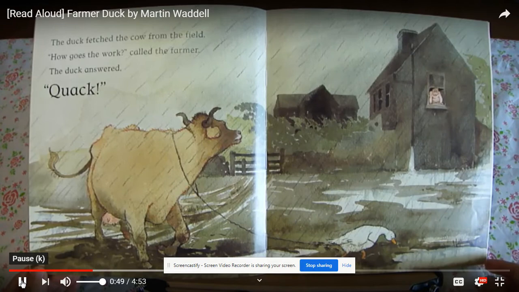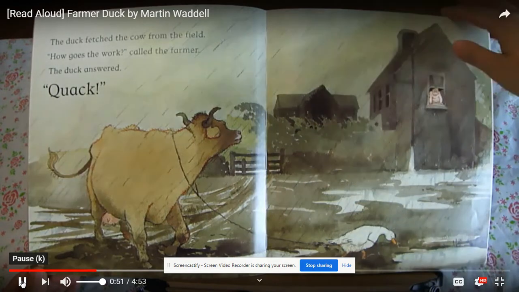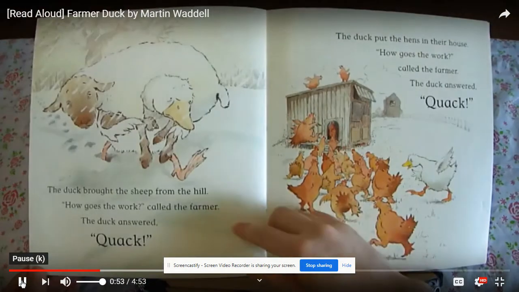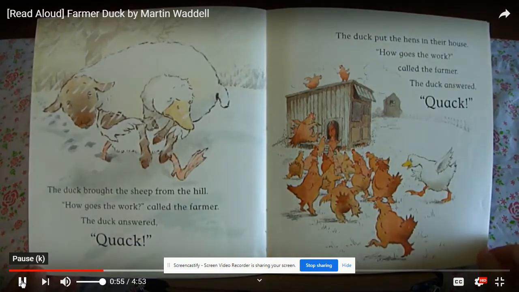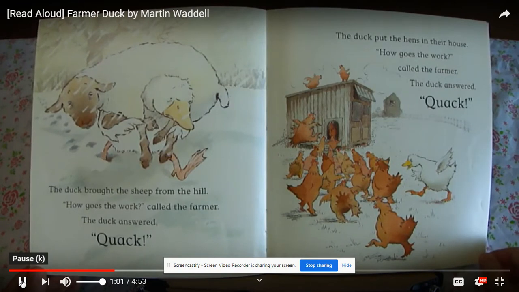The duck answered, "Quack." The duck brought the sheep from the hill. "How goes the work?" called the farmer. The duck answered, "Quack." The duck put the hens in their house. "How goes the work?" called the farmer.